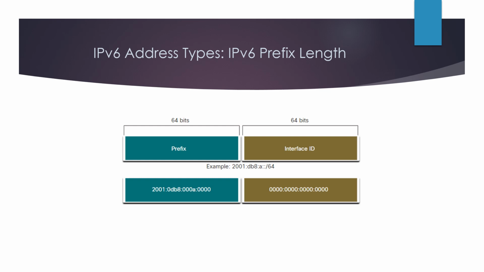It is strongly recommended to use a 64-bit interface ID for most networks. This is because stateless address autoconfiguration uses 64 bits for the interface ID. It also makes subnetting easier to create and manage.